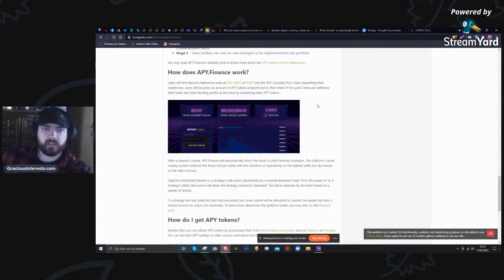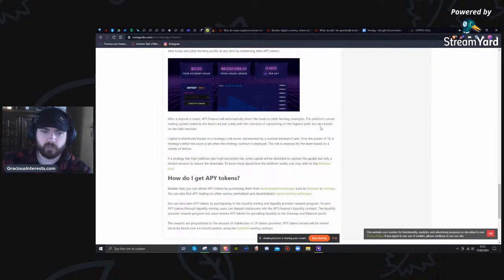On the APY.Finance network, it implies that you can stake these 3 coins, and then the platform itself will stake for yield farming on a variety of exchanges, and the profits will be reimbursed to the people who staked their amounts of Tether. So yeah, smart contract. It's a sort of trading bot with its very own governance token here.